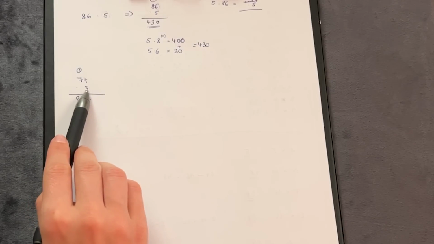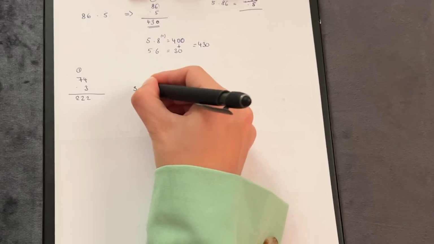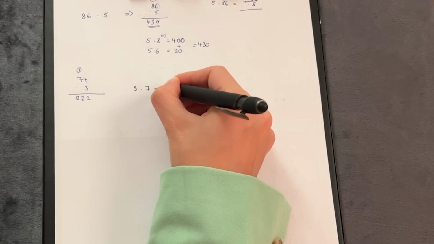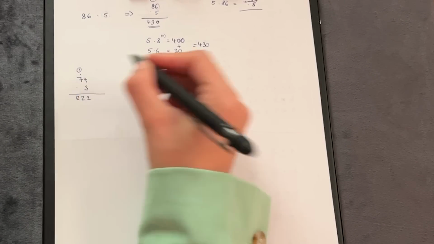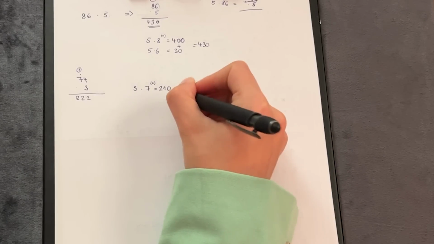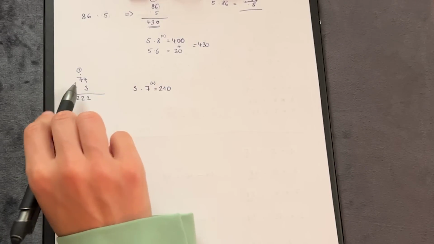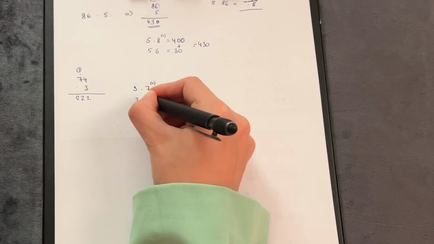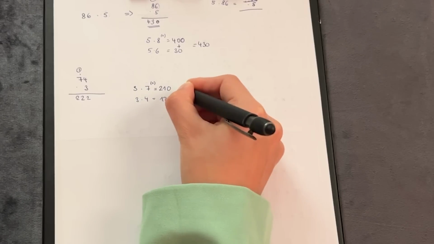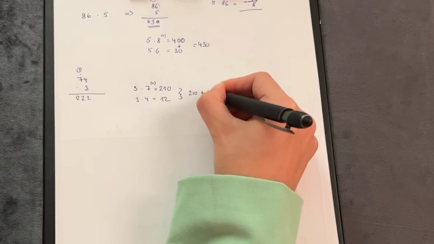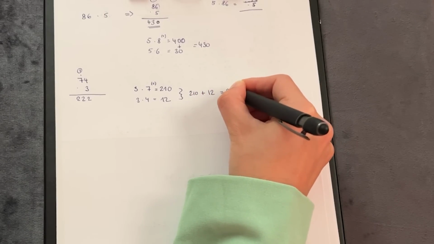If you want to, you can again do 3 times 7, which is 21, plus again we carry the 0 here, so it's 210. And then we have 3 times 4, which is 12. So it's 210 plus 12, and that is 222.